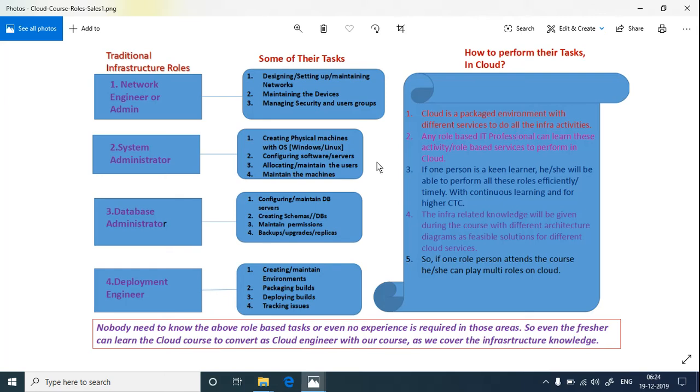Then maintaining the machines. In the past, when you talk about maintaining machines, they used to upgrade the patches and the versions of the OS. Such kinds of activities they used to take up across the servers, across the machines. But what happens in virtualization?